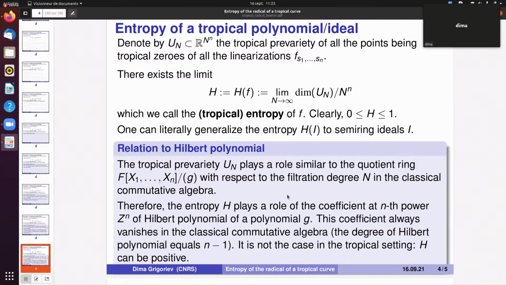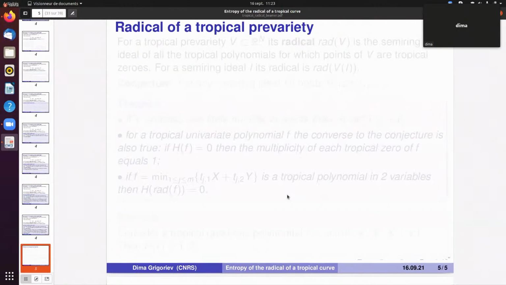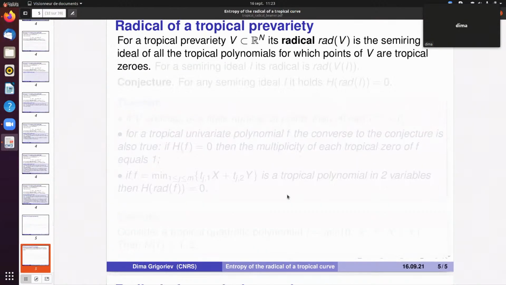And now, a radical of the tropical prevariety. Well, we define the radical just as a semi-ring ideal of all the tropical polynomials for which points are 0.